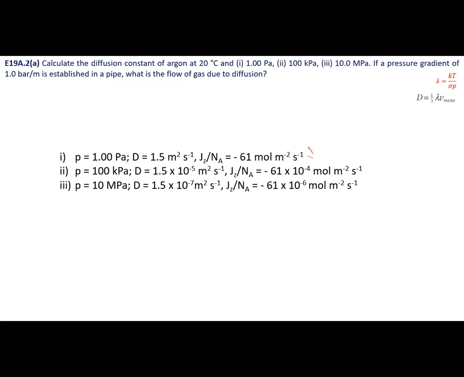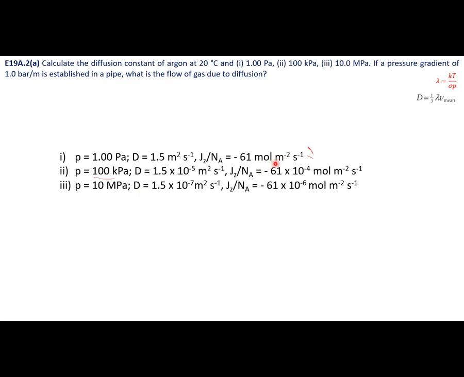So if you look at, as we increase the pressure from 1 Pascal to 100 Pascal, 100 kilopascal, and then to 10 megapascal, the diffusion coefficient decreases by a lot. There is a 4 orders of magnitude change, and then there is a 6 orders of magnitude change when we go from 1 Pascal to 10 megapascal.